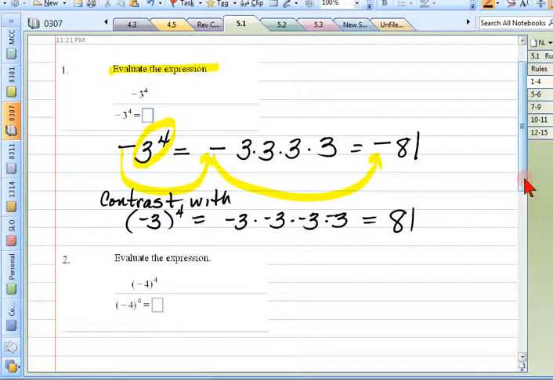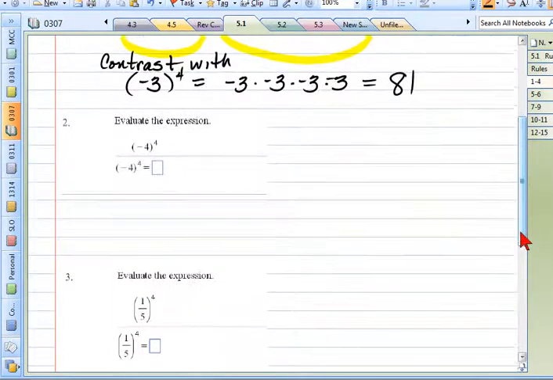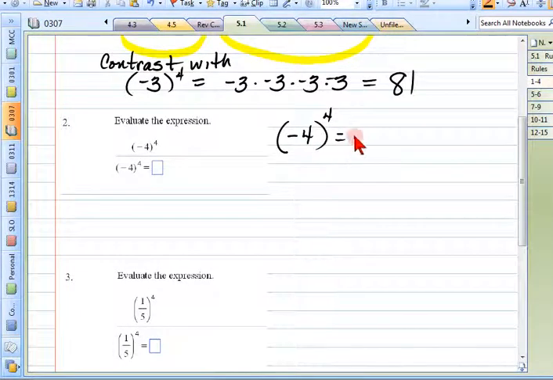All right, let's look at number 2. The second one says to evaluate this expression, and it has negative 4 in parentheses to the 4th power. Is the negative part of the base? Yes. And this becomes negative 4 times negative 4 times negative 4 times negative 4.